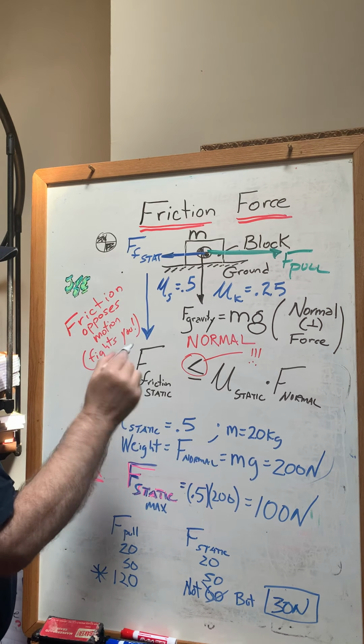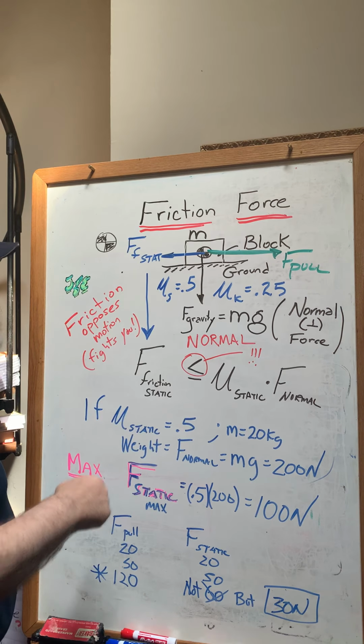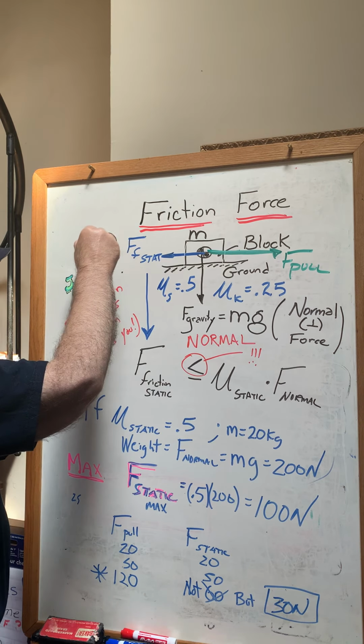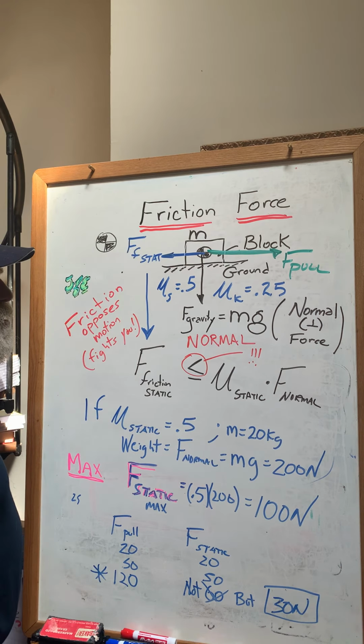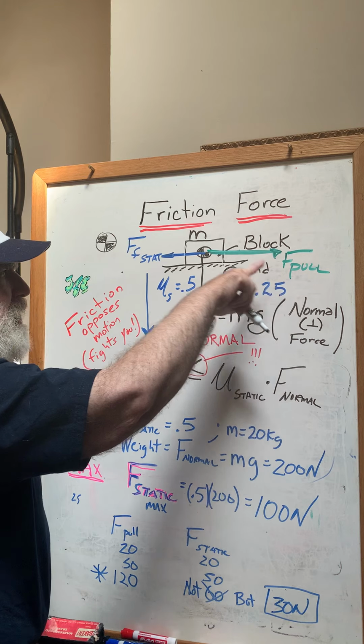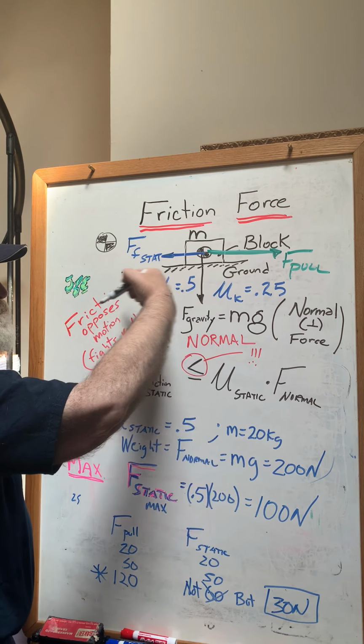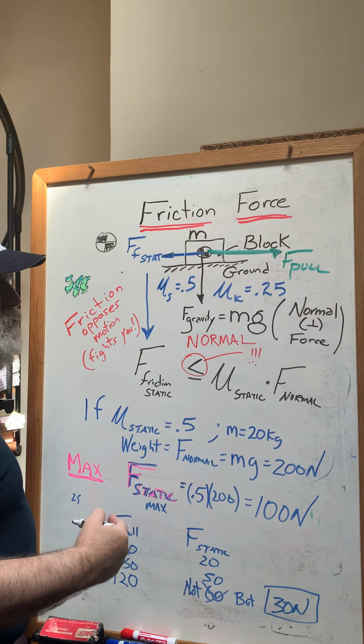So every mass is really a point mass. All of the force is centered at the center of gravity marker. The green force is me pulling on the block. And remember, friction always fights us and opposes us in the opposite direction.